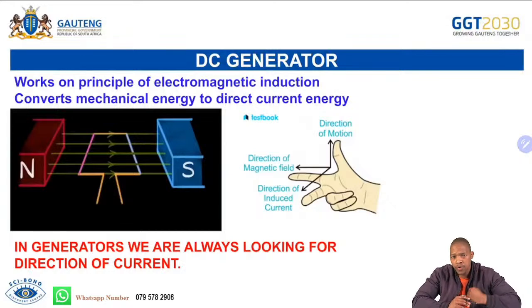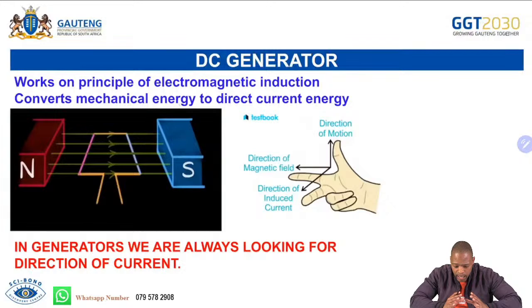Unlike an AC generator, if you remember, in an AC generator we wanted the alternating current from the internal circuit to be the alternating current in the external circuit, which is the reason why we introduce slip rings. So the slip rings are there to transfer alternating current from the internal to the external circuit.